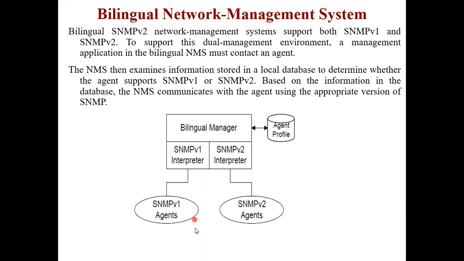So the manager is a bilingual manager. Bilingual means it knows the language of version 1 and also the language of version 2. But to do so, it should contact an agent. That is important. So here, suppose this is the manager of the NMS and we call that manager right now a bilingual manager. Now this bilingual manager takes the help of an agent.